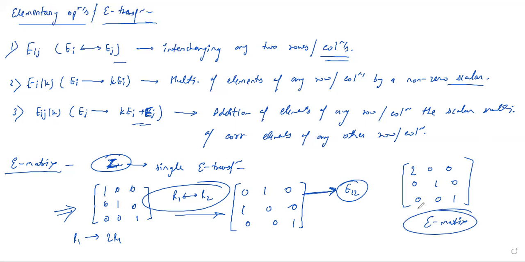So we have seen that the elementary matrices are obtained from the identity matrix, and we know that the inverse of the identity matrix is identity. For checking, let's check whether the elementary operations Eik and Eijk possess an inverse or not.